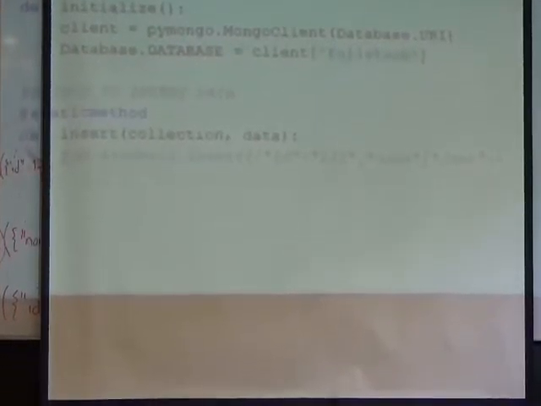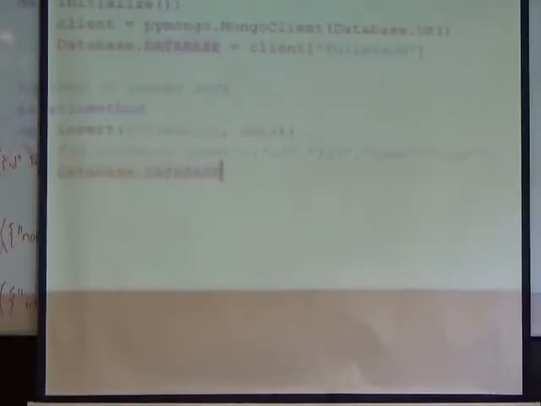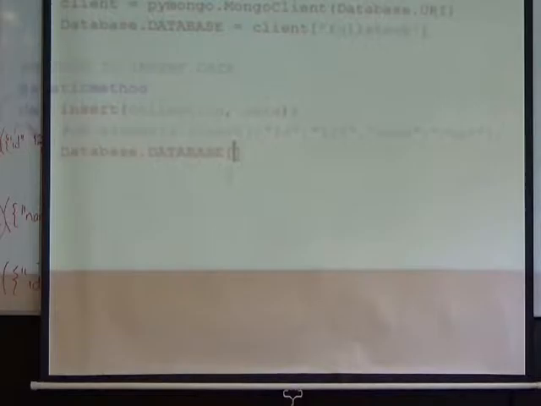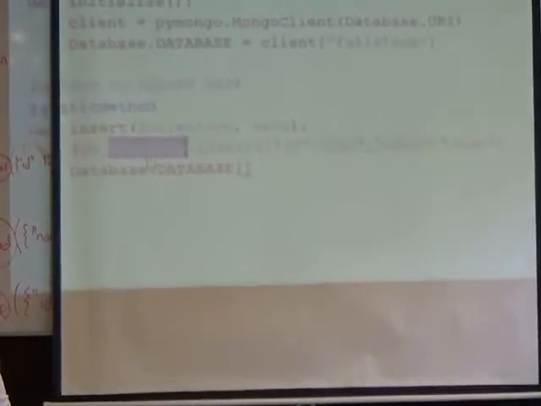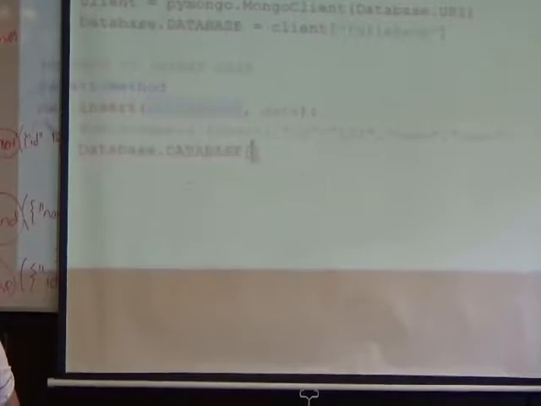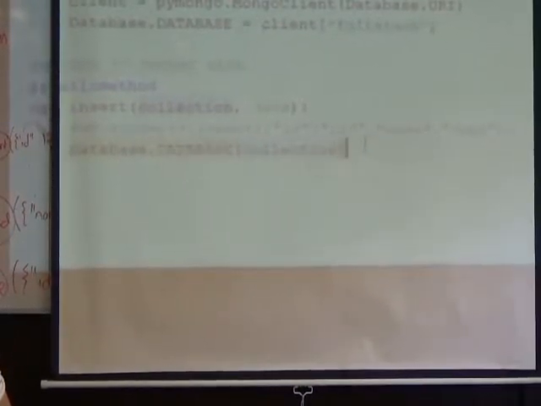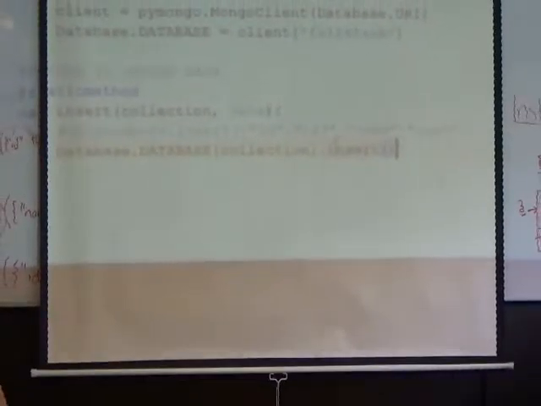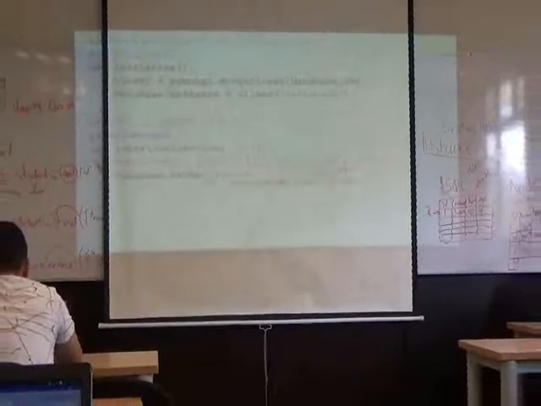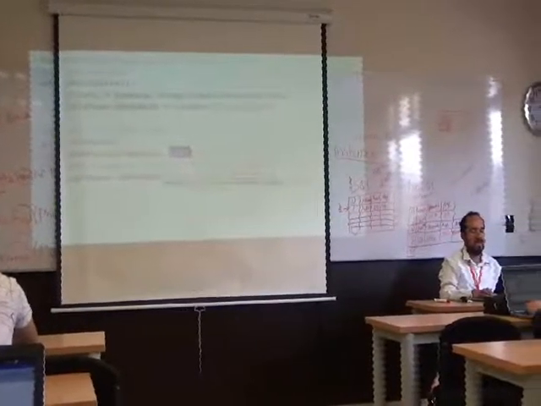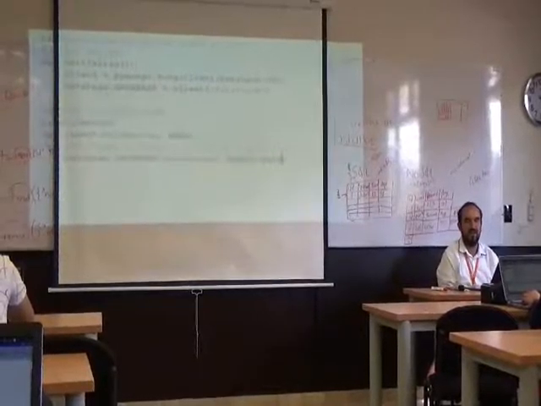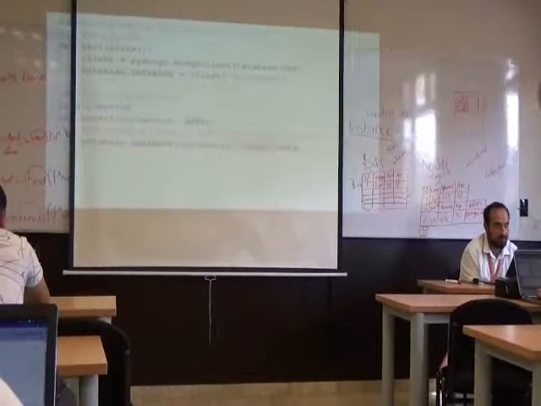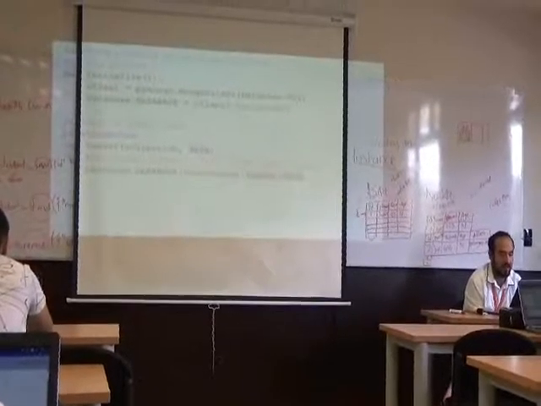Remember? Full stack. Okay. And then I need to select the collection dot insert, open and close parentheses, and I will insert the data that I need. So that is the change that we have to do if we want to create it dynamically. Okay?